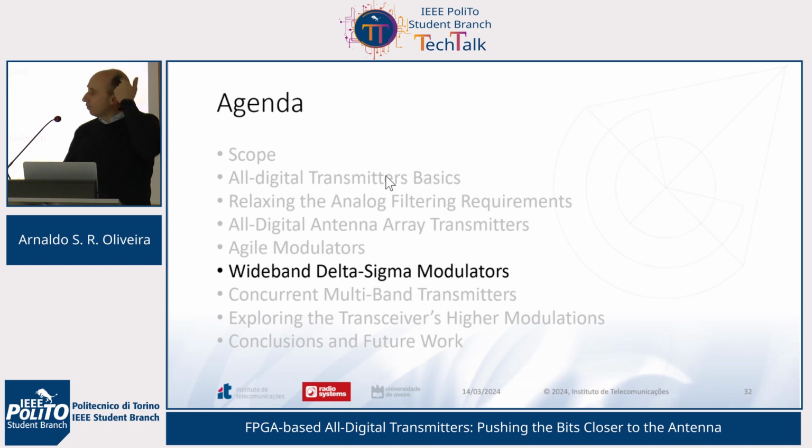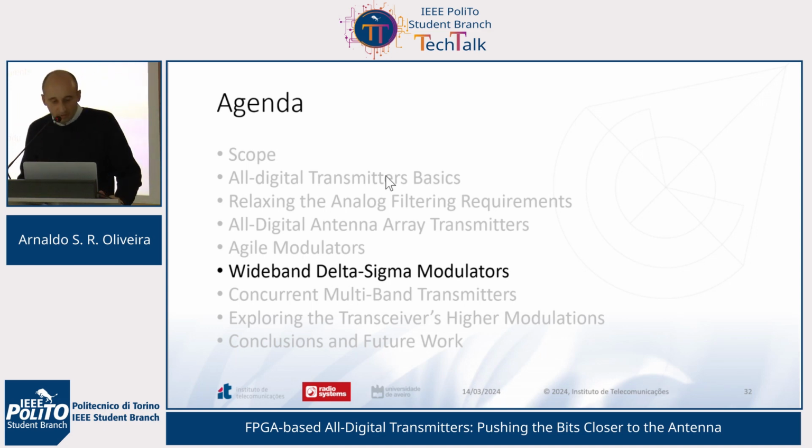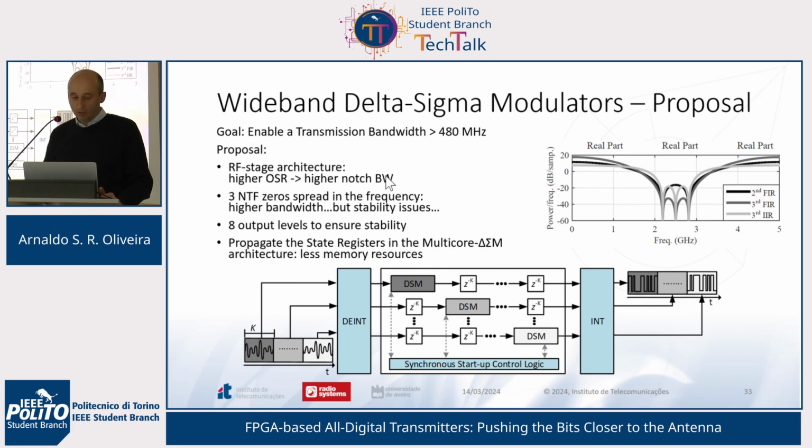Then we move to another topic: what if we try to increase the bandwidth that our system is able to handle in order to achieve a real wideband transmitter? So this mainly involves improving the bandwidth of our delta sigma. The approach was the following. The target at that time was to achieve a bandwidth higher than 480 MHz, which was the state of the art at that time.